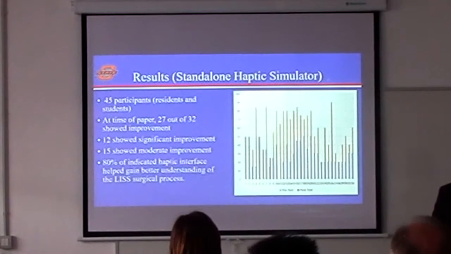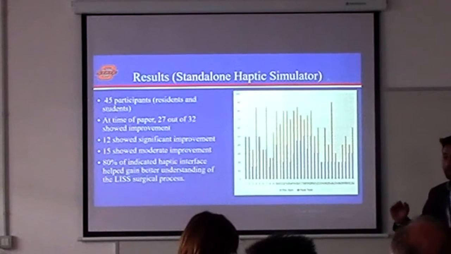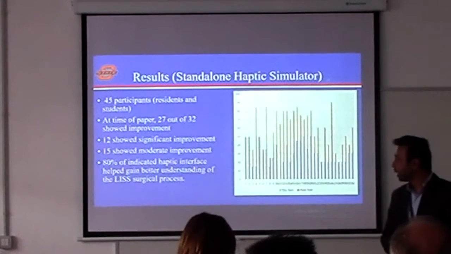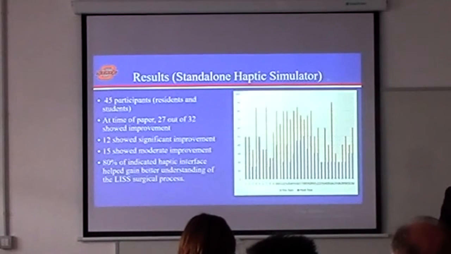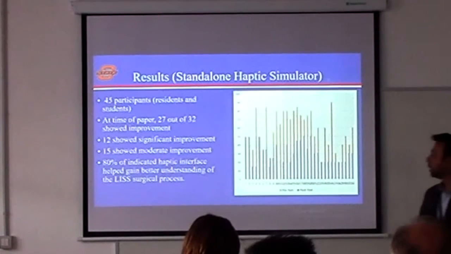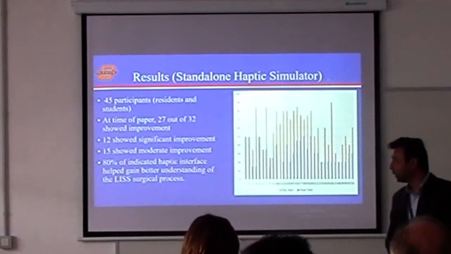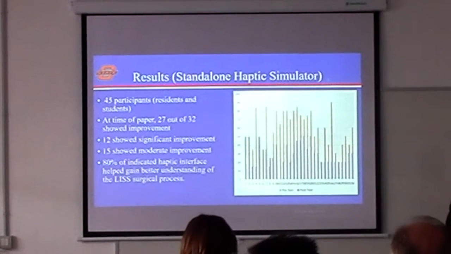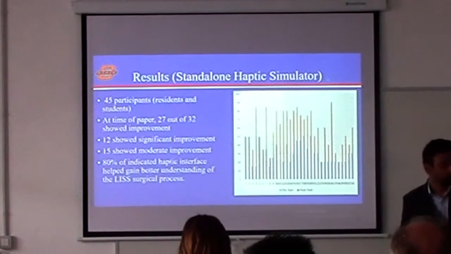When a participant's improvement was over 40 points, it was rated as significant improvement, and when the improvement was less than 40 points, it was rated as moderate improvement. And also 80% of the participants who interacted with the simulator said that the haptic interface provided them a better way to interact with the simulator.